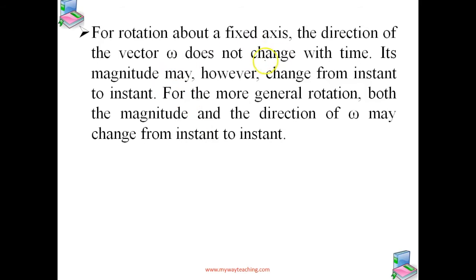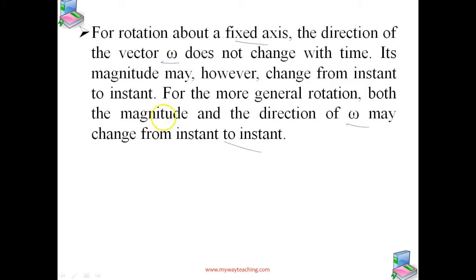For rotation about a fixed axis, the direction of the vector w does not change with time. Its magnitude may, however, change from instant to instant. For the more general rotation, both the magnitude and the direction of w may change from instant to instant.